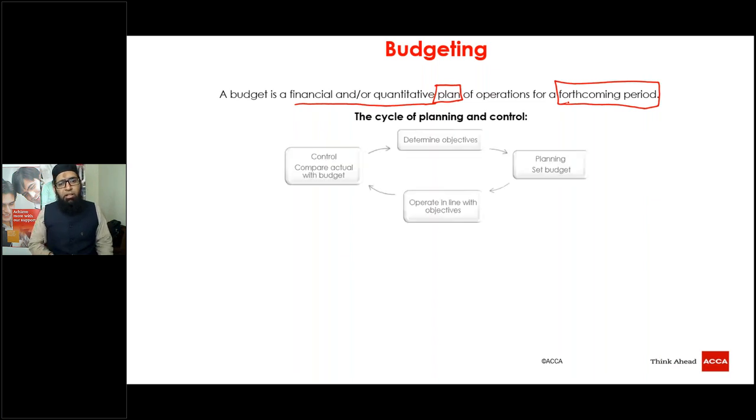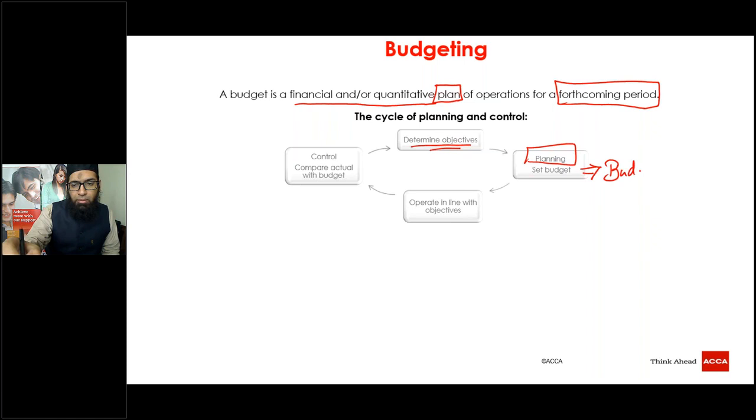The cycle of planning and control is, first of all, we determine the objectives. We set our objectives, we set targets. Then we plan. This is where we prepare budgets. Then we implement. So we operate in line with the objectives, in line with the budget.